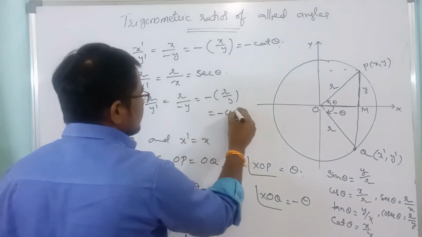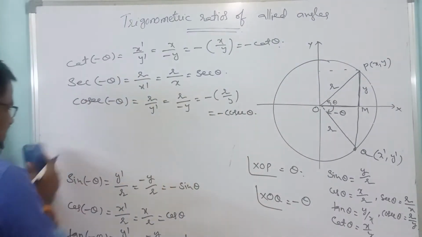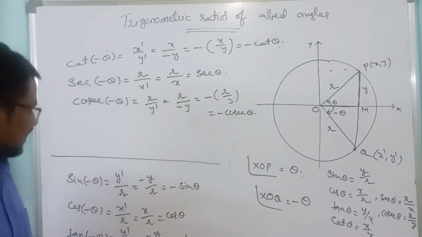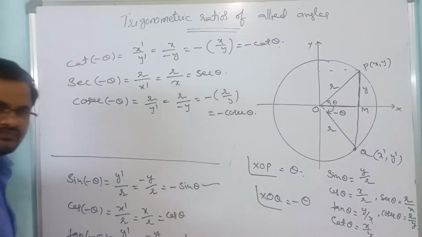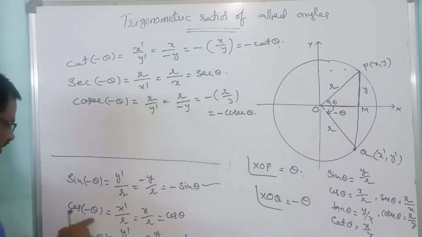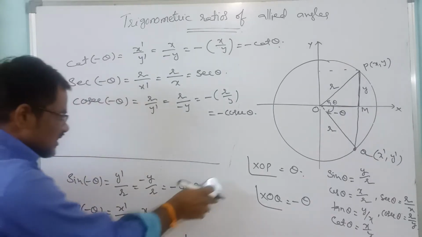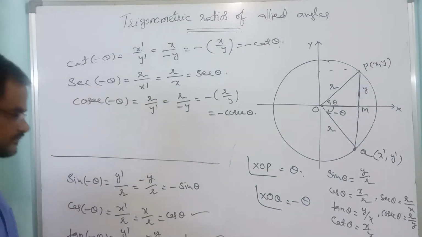So minus cosecant theta. Means from these 6 trigonometric functions, what did you observe? Sine of minus theta is minus sine theta, right? Cos of minus theta is plus cos theta, and tan of minus theta is minus tan theta.